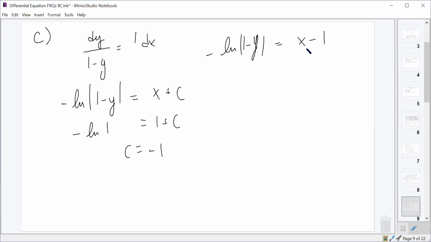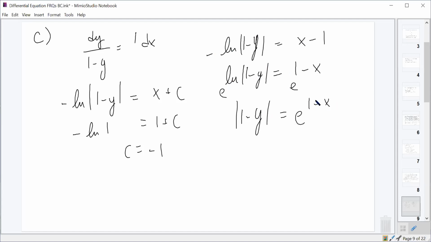And then we will solve. So we get natural log absolute value of 1 minus y equals 1 minus x. We'll exponentiate to get absolute value of 1 minus y equals e to the 1 minus x. We'll clear out the absolute value, recognizing that if I plug in 1 for x, I need to get 0 for y.